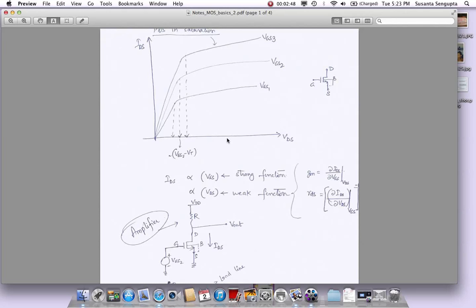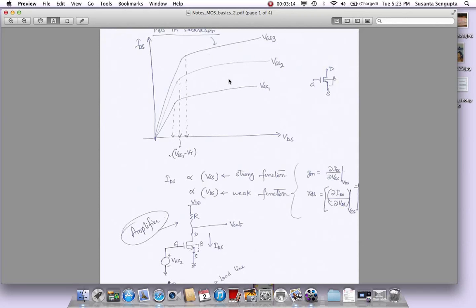If you hold it here, it will be in saturation. If you hold it here, then it will be in a linear region. But the point is that no matter whether it's in a linear region or saturation region, it tends to change pretty fast with VGS. So it's a very strong function of VGS. The drain current, when VGS is fixed, is also a function of VDS, and it's actually a weak function of VDS in the saturation region.